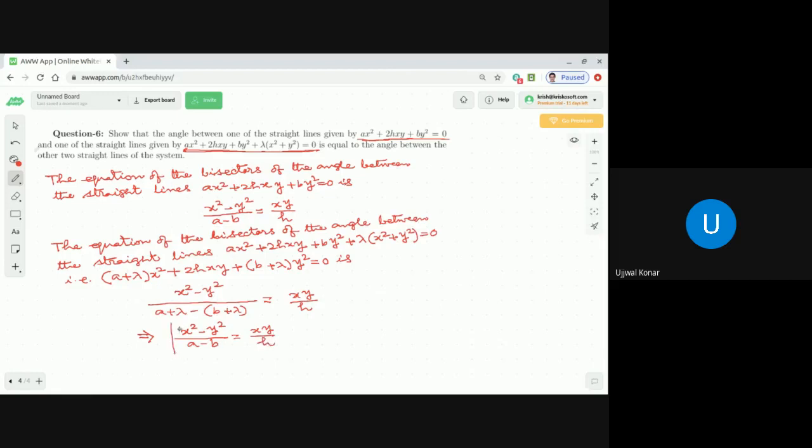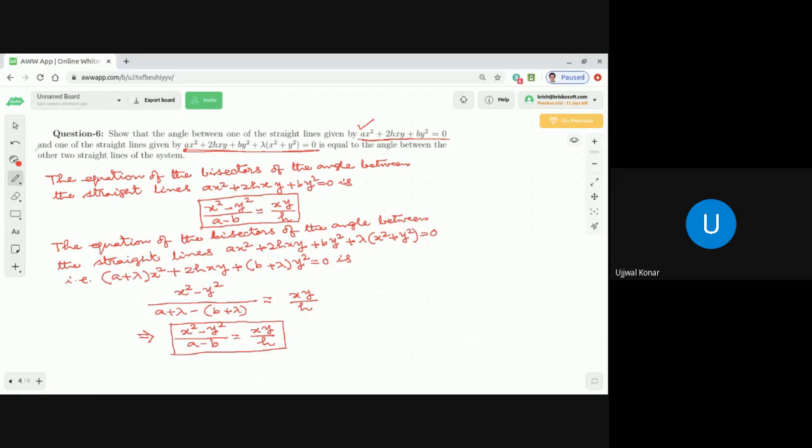Now if you look at this equation and the previous angle bisectors of the first pair of straight lines, what we see is that they are same.